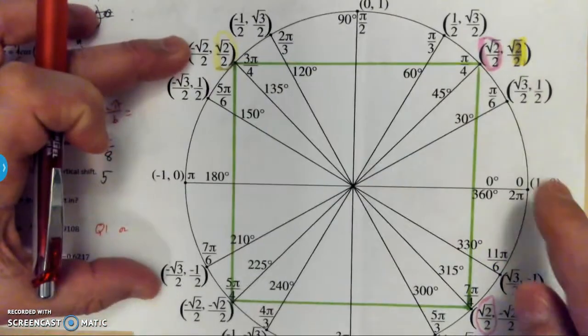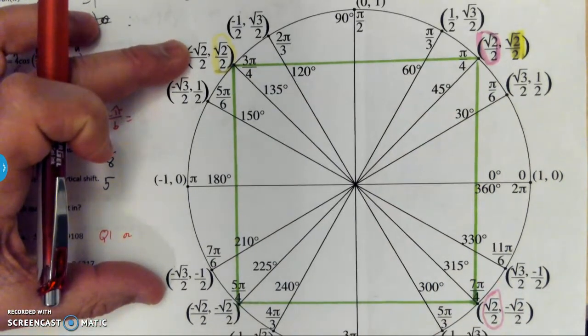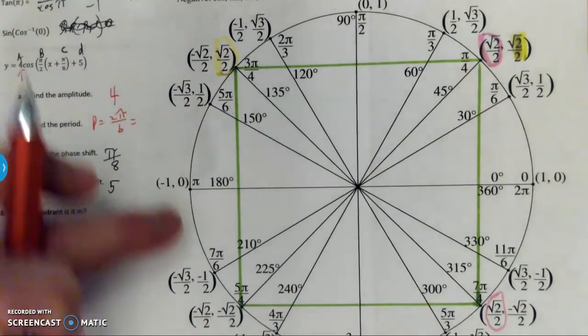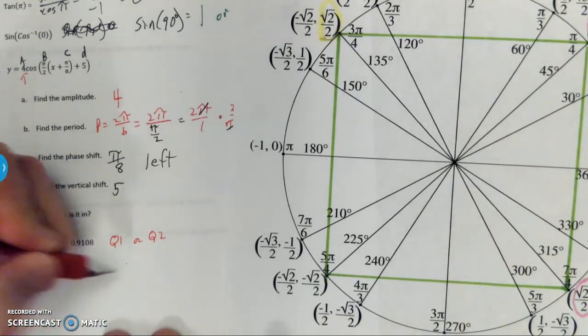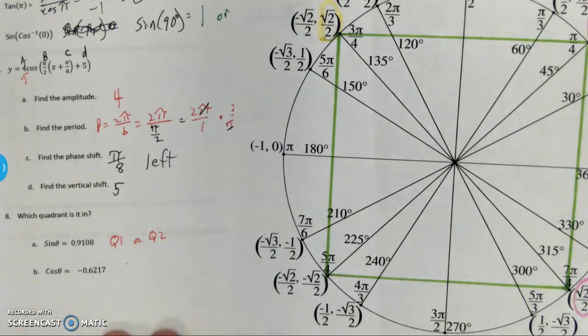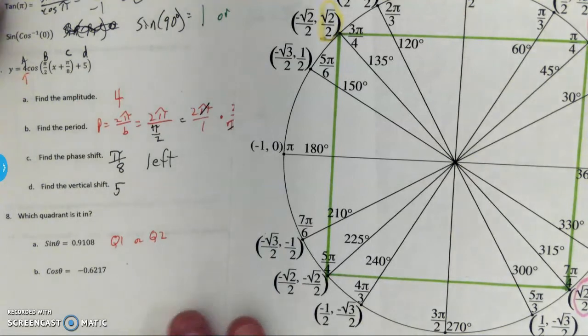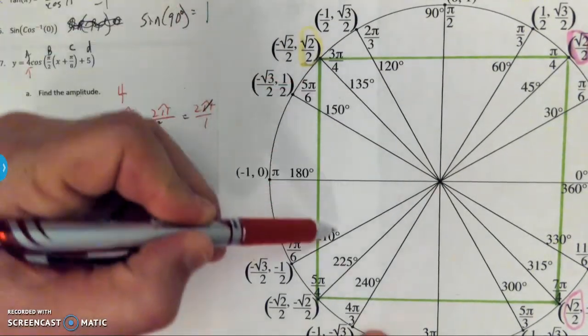So this is quadrant 1, 2, 3, 4, and the x's are going to be negative in quadrant 2 and quadrant 3. Okay, I'm going to have to say this right. This is like the 4th mistake I've made in one video. I'm having a tough time this evening.